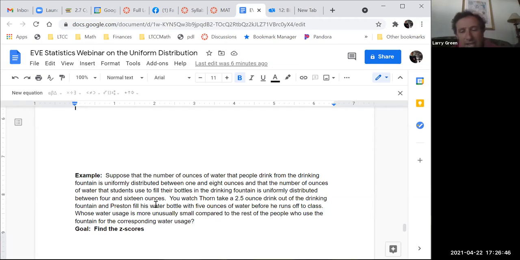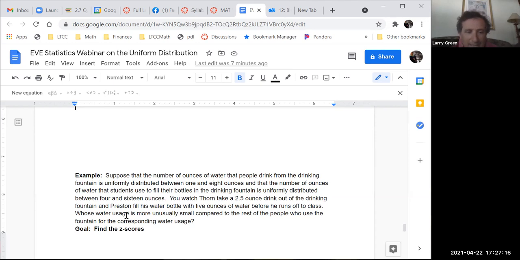You tend to put more water in your bottle than you do drinking out of the fountain. You watch Thorne take a 2.5 ounce drink out of the drinking fountain, and Preston fill his water bottle with 5 ounces of water before he runs off to class. Whose water usage is more unusually small compared to the rest of the people who use the fountain for the corresponding water usage?